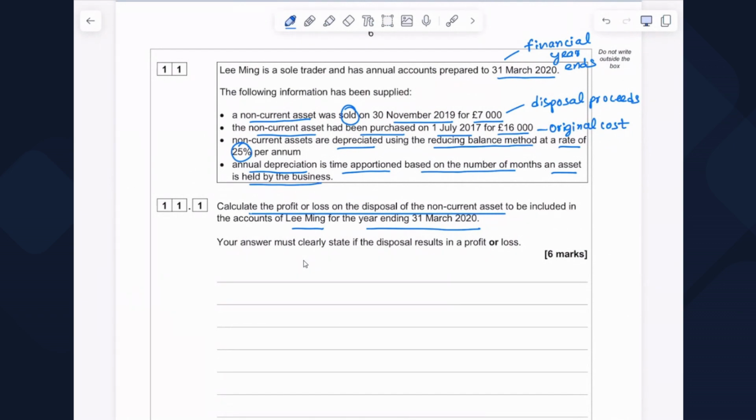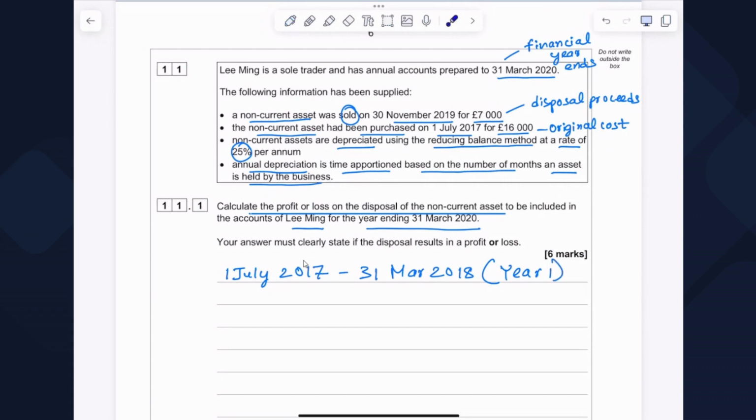Now, the first year of usage for this asset, since the day it was purchased, which is on 1 July 2017, would start on 1 July 2017 and end on 31 March 2018. So this is the first year of usage of the asset.